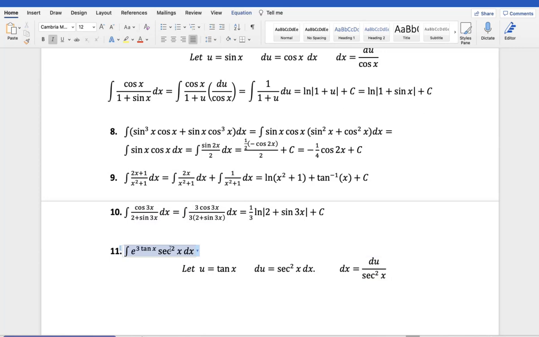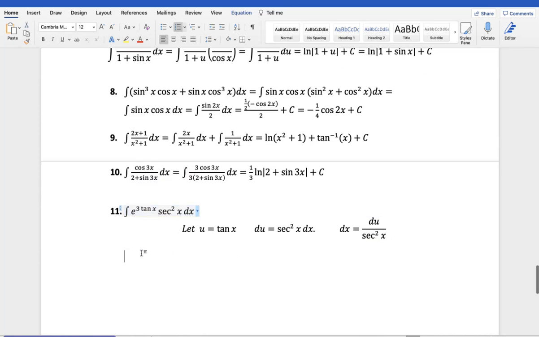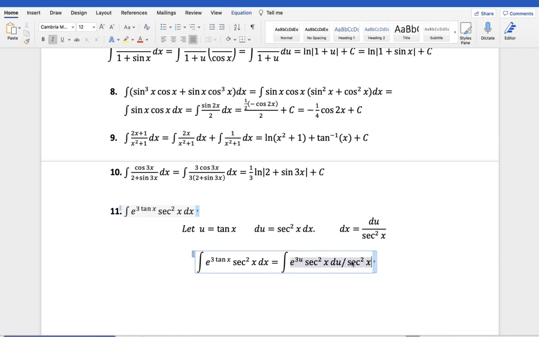If we go back to our original integral and apply our substitution, we have e to the 3u multiplied by sec squared multiplied by du over sec squared of x.